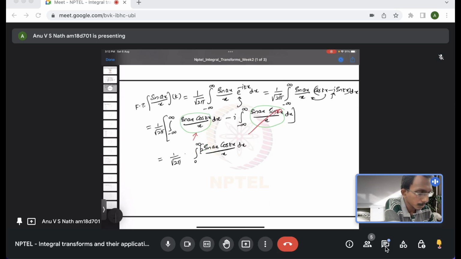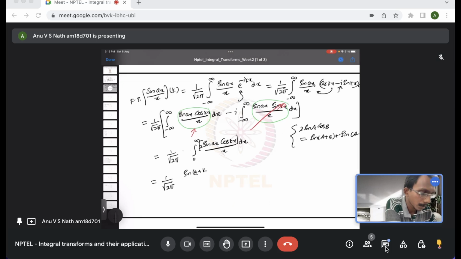Now we will use the 2 sin a cos b formula here, like 2 sin a cos b is equal to sin of a plus b plus sin of a minus b. That we will use here inside the integral, so that it is sin of ax plus kx, that is (a plus k) times x, plus sin of ax minus kx, which is (a minus k) times x, the whole divided by x, integral dx 0 to infinity.